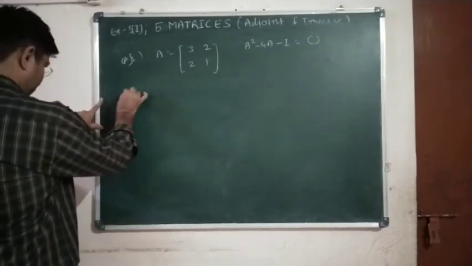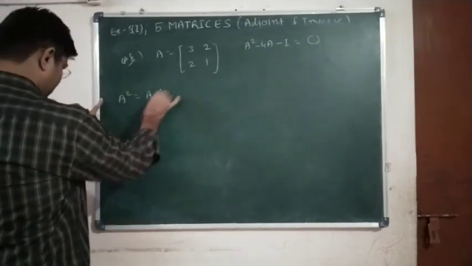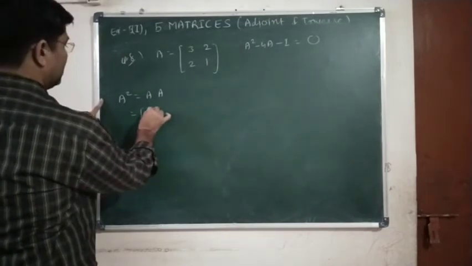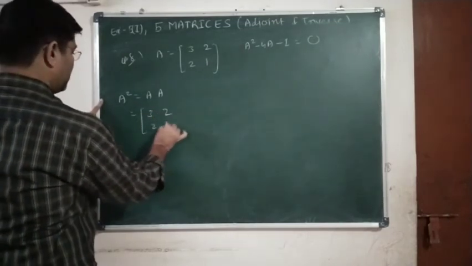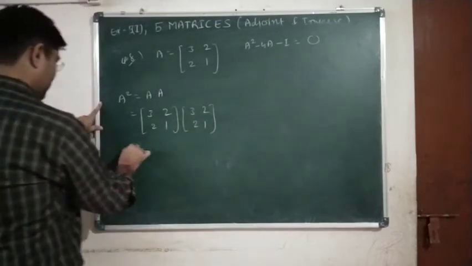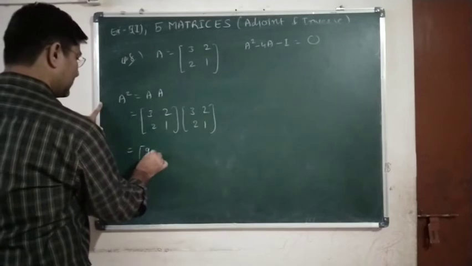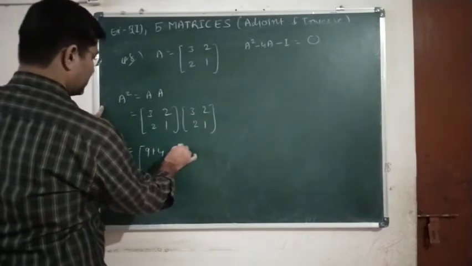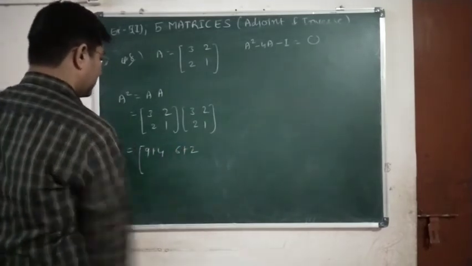So A square is equal to A into A. So 3, 2, 2, 1 into 3, 2, 2, 1. Let us multiply. 3 3s are 9 plus 2 2s are 4, 3 2s are 6 plus 2 1s are 2.